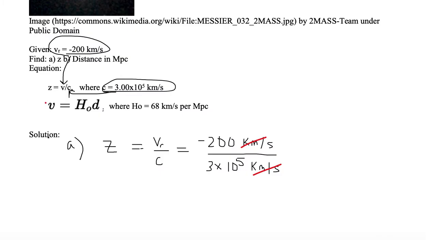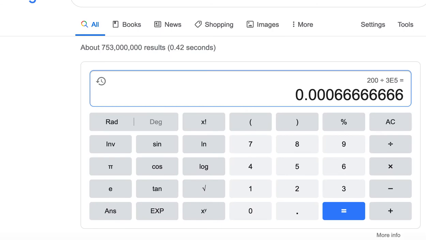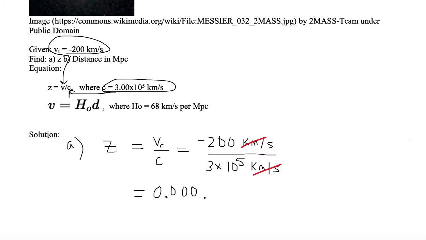0.000666. So we have 200 kilometers per second divided by 3e5 kilometers per second, and we calculate a very low z number of 0.000, and the value is 66, and we'll round one of these sixes up to a 7.